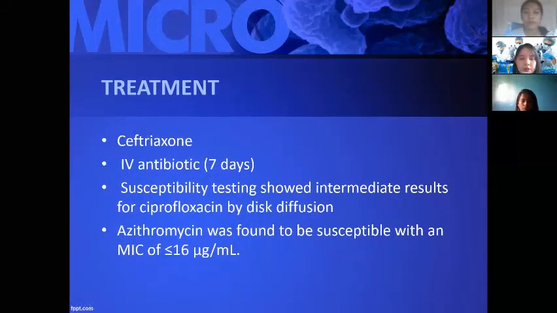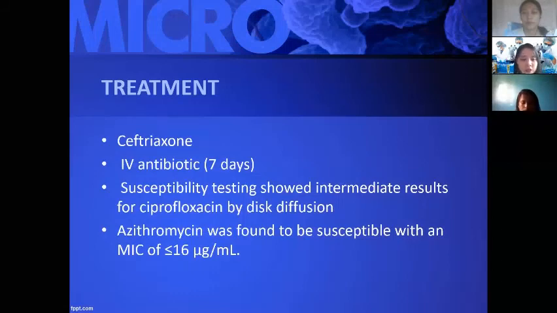So for the treatment, if you have Salmonella Typhi, it is necessary to take antibiotics, and your doctor will decide which treatment is right for you. Some doctors will recommend ceftriaxone. It is an antibiotic used to treat bacterial infections, and the doctor also recommended the IV antibiotic, which he took for 7 days.